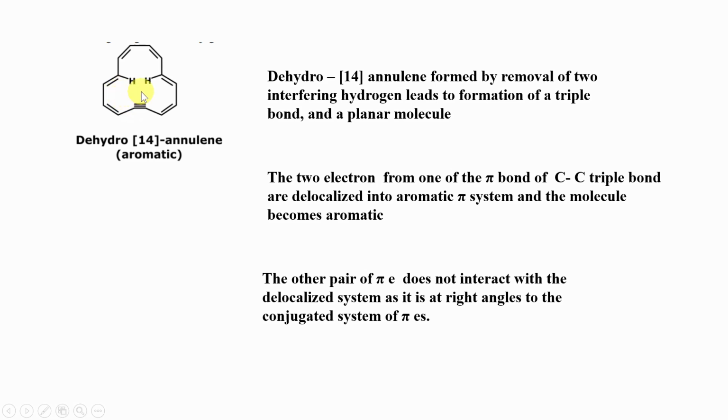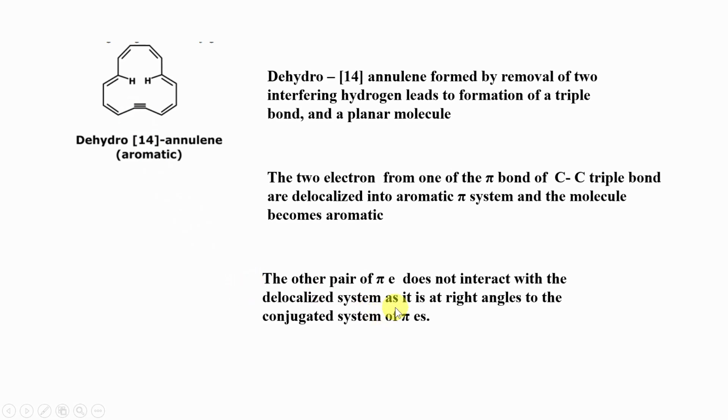By removing the interfering hydrogens, we get a triple bond between these carbon atoms, and two electrons from the newly formed pi bond of the carbon-carbon triple bond are delocalized into the aromatic system, and thus the molecule becomes aromatic.